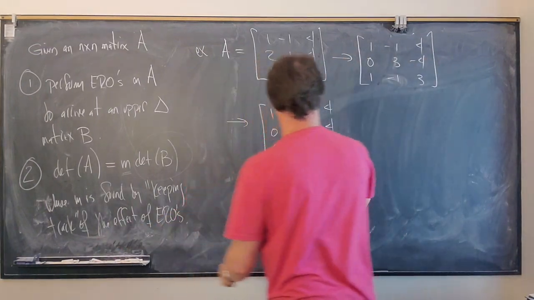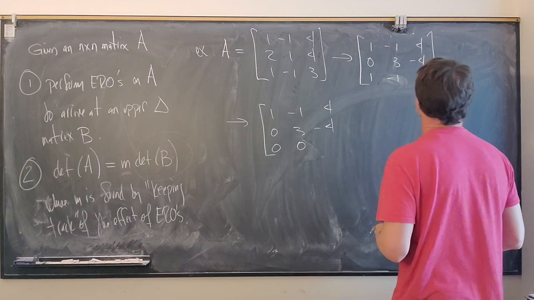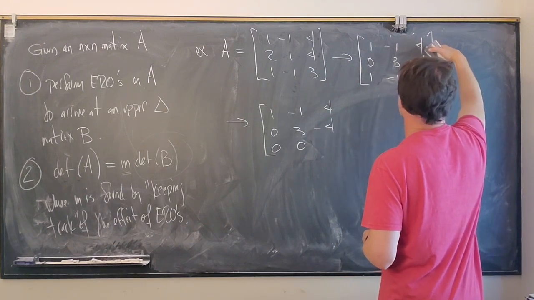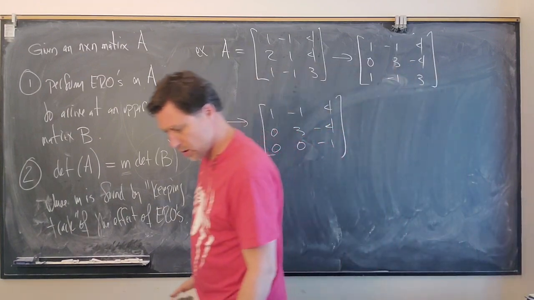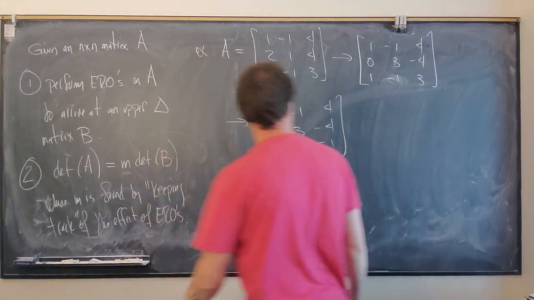That should be 0. And then what happens here? So I am subtracting, that should be a minus 1. Let me just make sure I did all this right. Yep, 0, 0, negative 1.